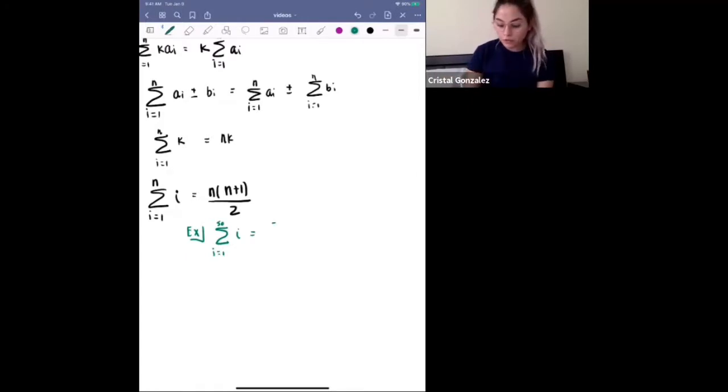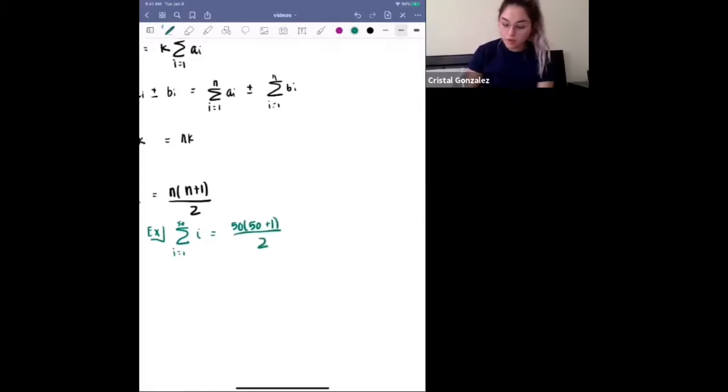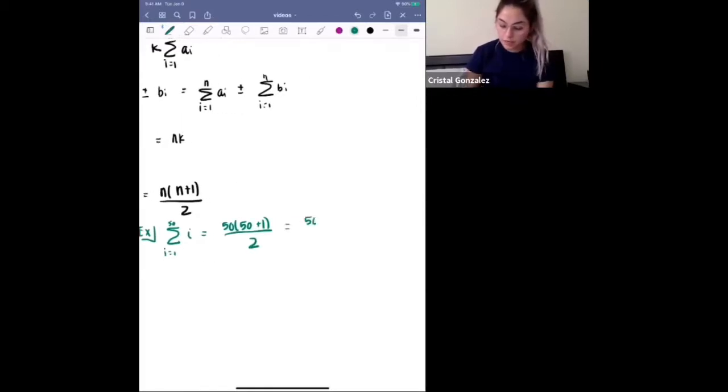We would do 50 plus 1, let's keep it consistent, all over 2, which is the same thing as 50 times 51 all over 2, which is equal to 1,275.